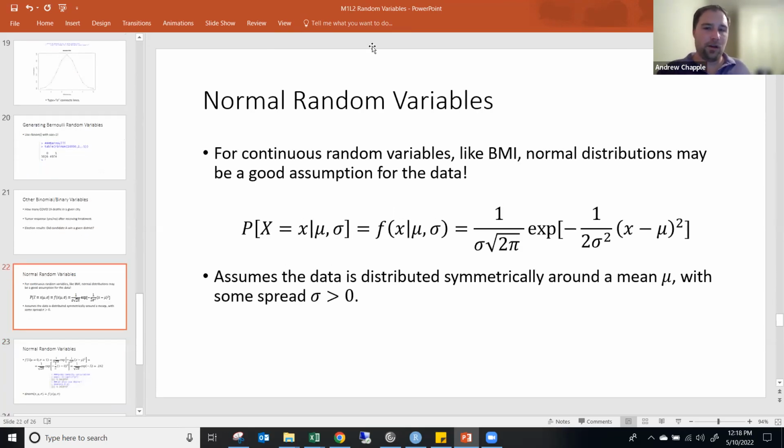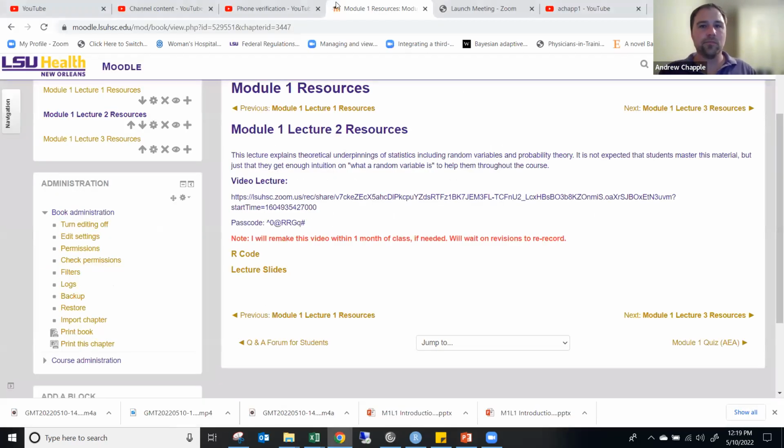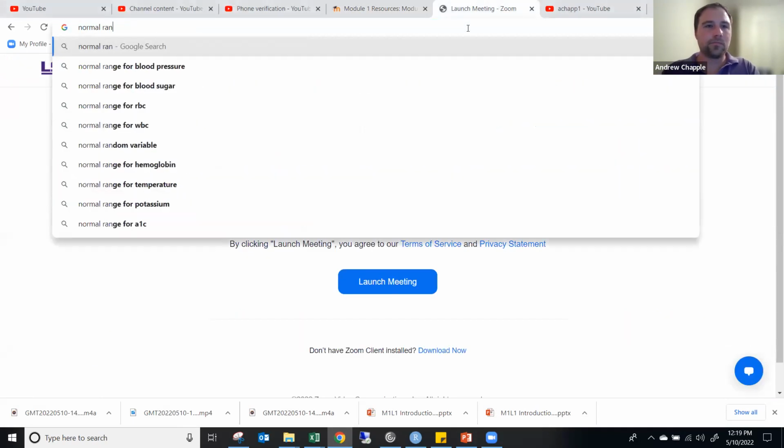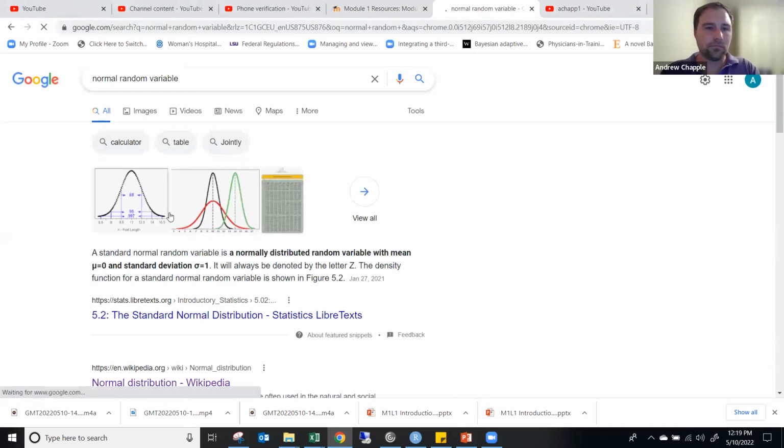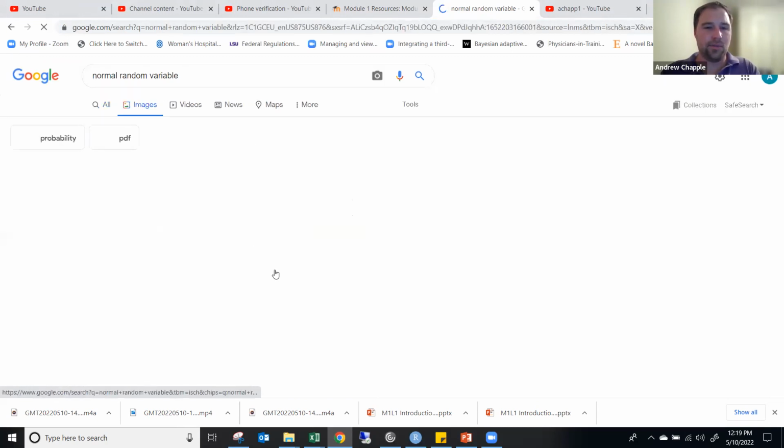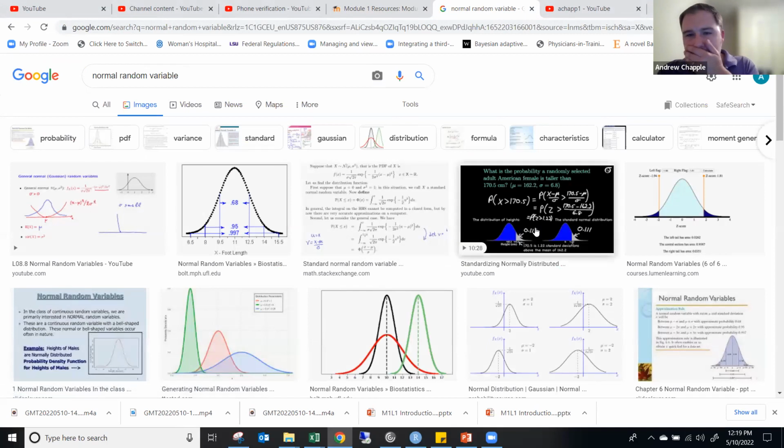Okay, the normal random variable is another distribution here. I'm not going to get into a lot of the distributions, but these are the most important ones. If you go look at normal on Wiki, you've probably seen a plot like this, the bell curve, Z statistics.